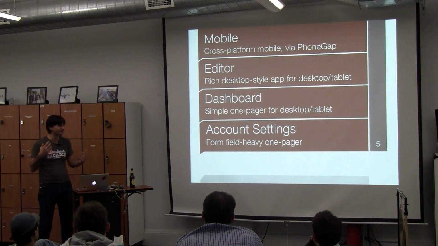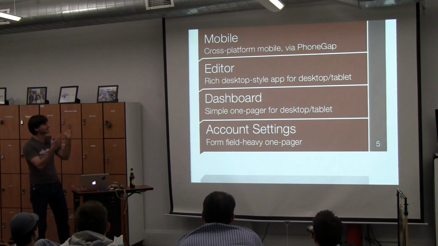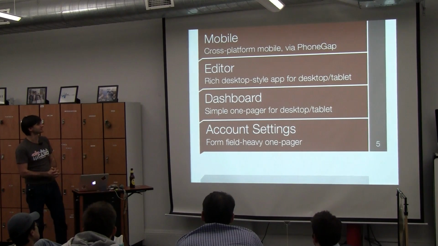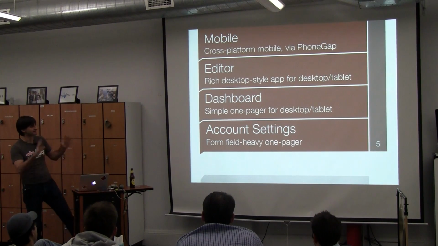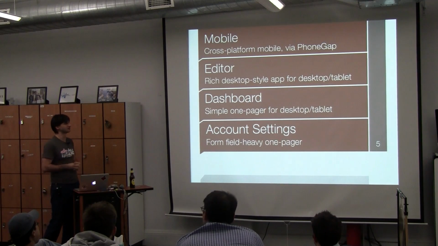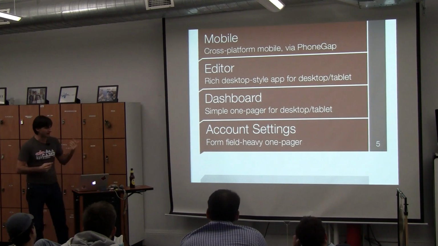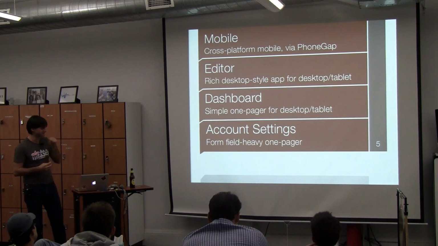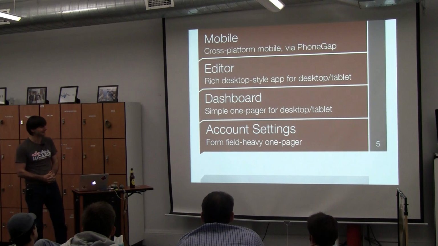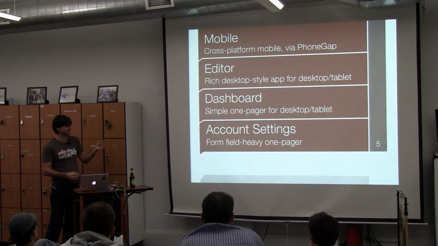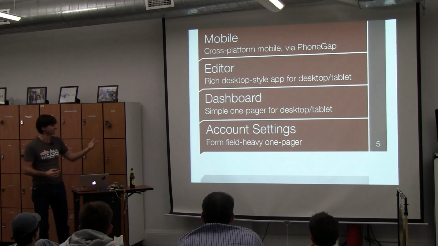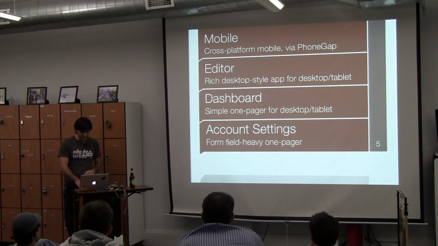If you think about iPhoto or something like that, that's what that kind of experience is. Dashboard is a simple one-pager, mostly navigation, light functionality. And then our account settings is our newest thing, which we did in very recent Ember Master, which is more of a form field heavy experience, which taught us a lot too.